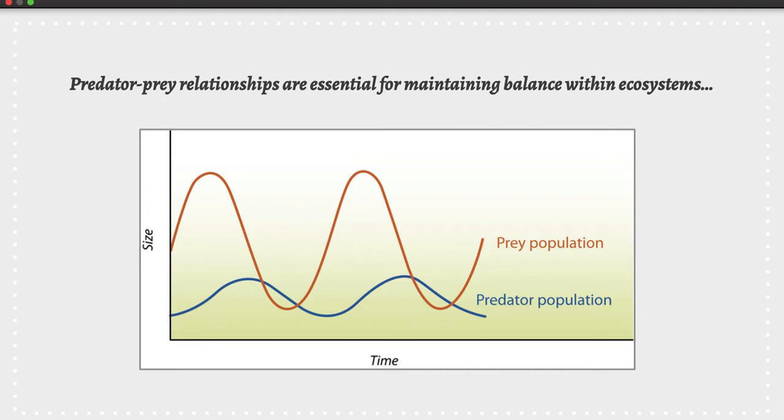Predator-prey relationships are essential for maintaining balance within an ecosystem.